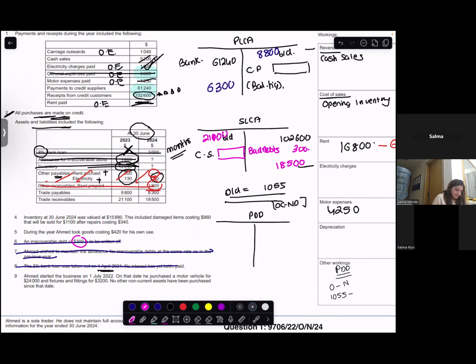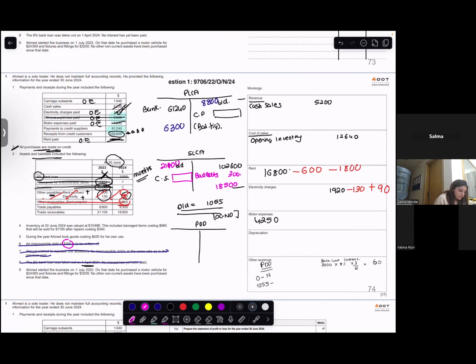Now when I'm doing, I see I'm only left with 1, 2 and 3 adjustments. Come on. Goods for own use. Minus from purchases, or I can say I will minus from cost of sales.